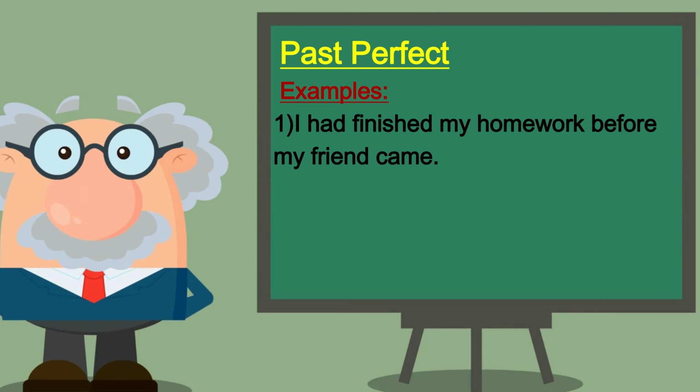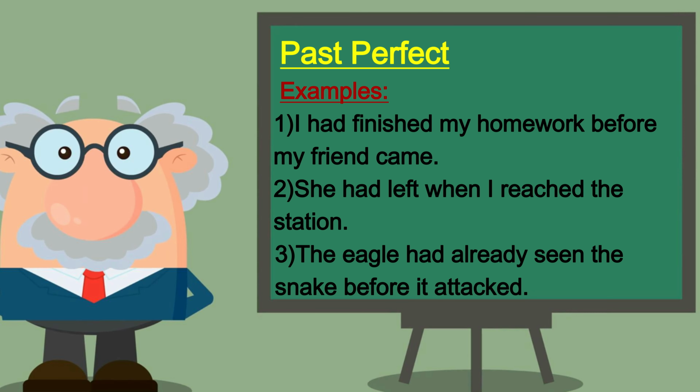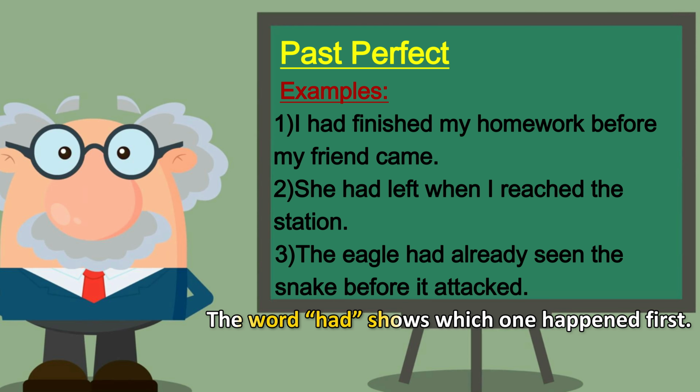Examples: I had finished my homework before my friend came. She had left when I reached the station. The eagle had already seen the snake before it attacked. In each example, one action happened first and another action happened later. The word had shows which one happened first.